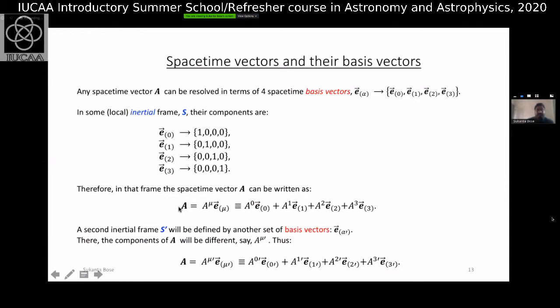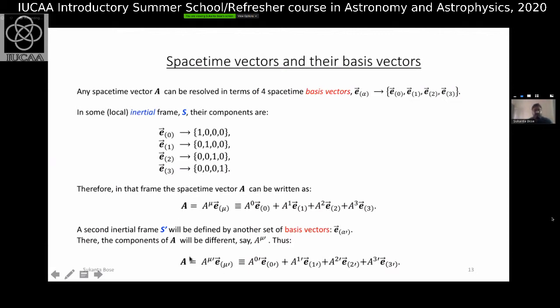You may measure its components differently. For example, if you measure its components A0, A1, A2, A3 in your room, you may measure certain values. But the vector itself will not change if it is measured by your friend moving at a high velocity in a car. What changes are its components.